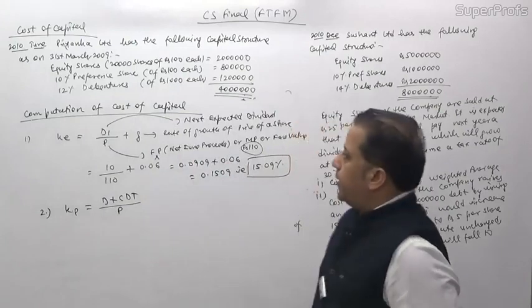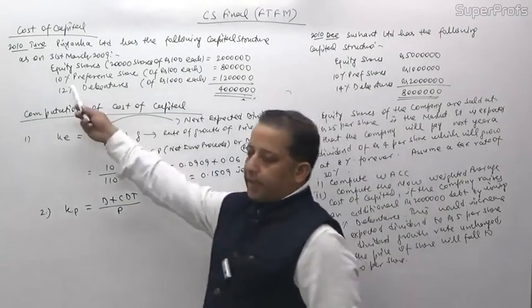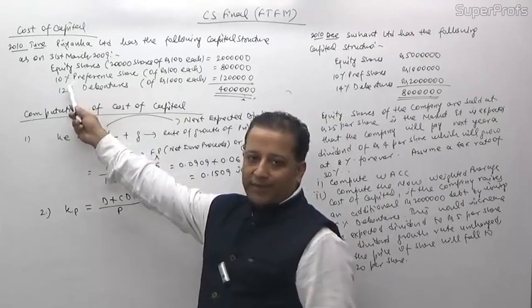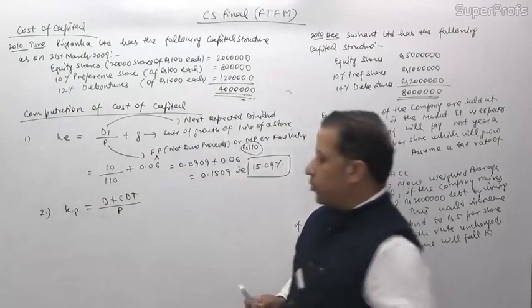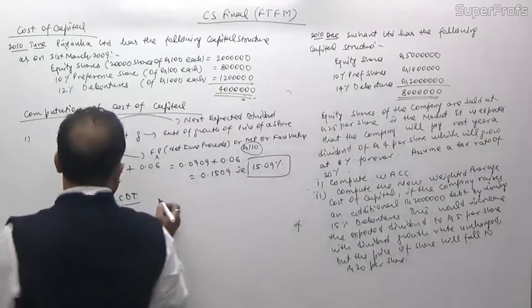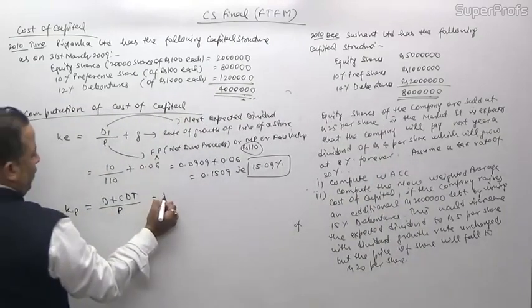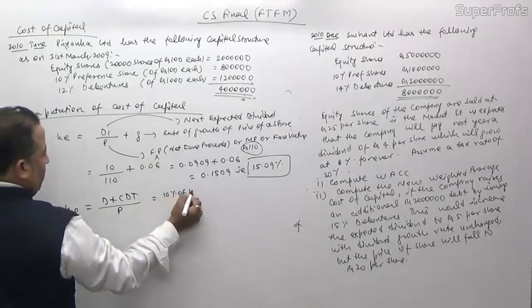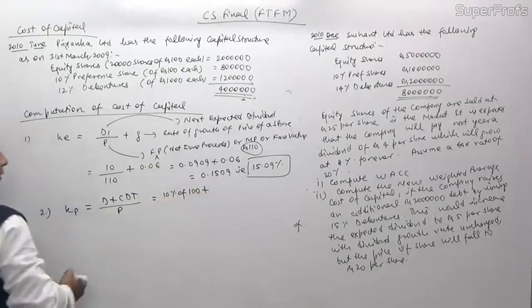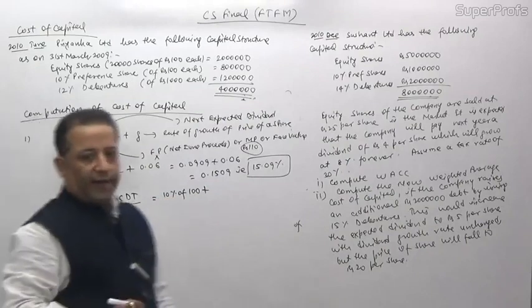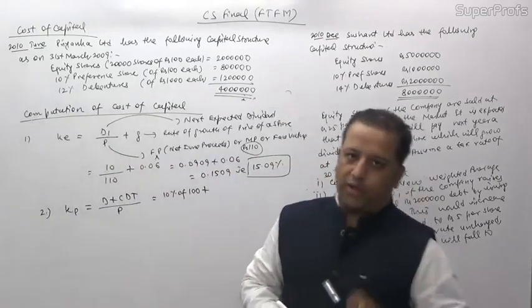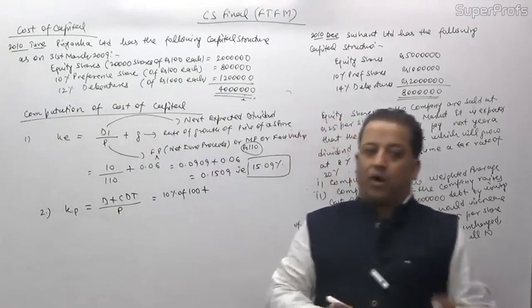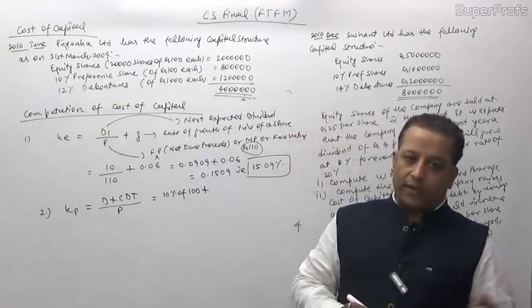So the rate of dividend is 10% and the face value is rupees 100. So 10% of 100 is basically the amount of dividend. The tax rate given in the question is 30%, but the corporate dividend tax is an altogether different term.